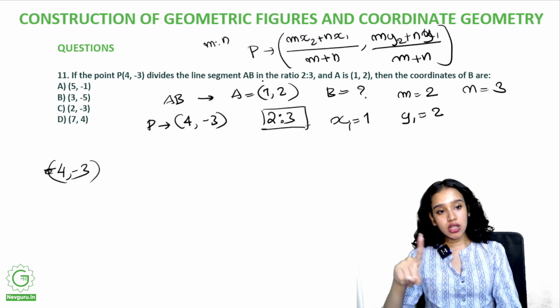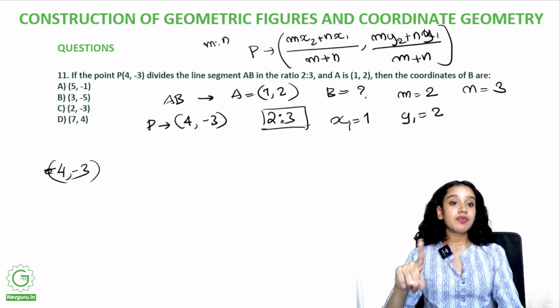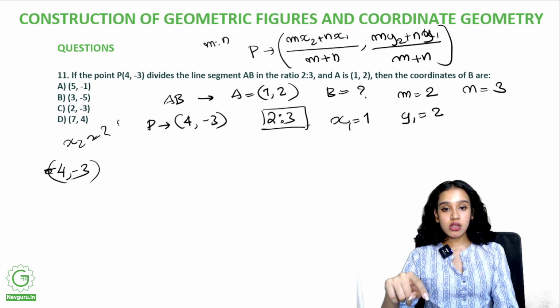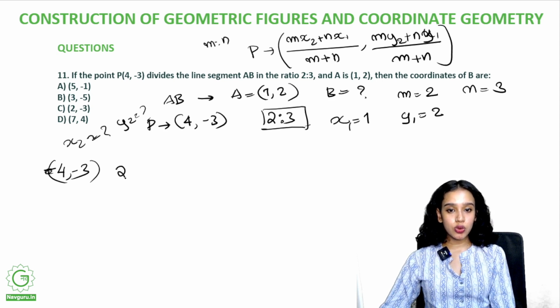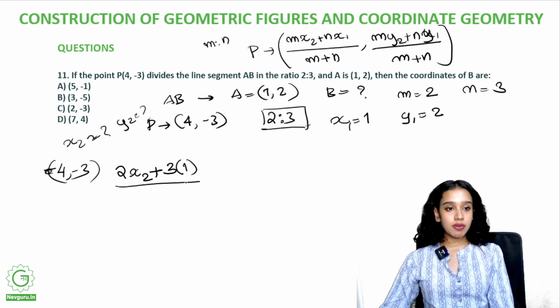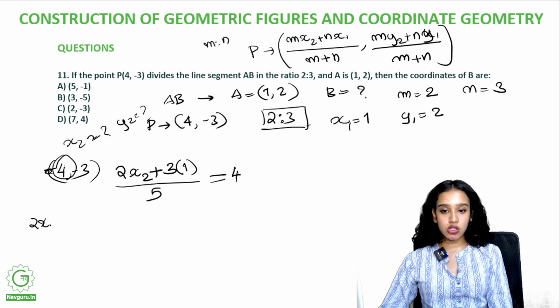Now, we have to find what? We have to find x2 and y2. So for this, we know that m into x2, which I don't know, so we'll put it as x2, plus n is 3, x1 is 1, 3 into 1, divided by m plus n, 2 plus 3 is 5, is equal to 4. 4 is given as the x coordinate of P. So we have 2x2 plus 3 is equal to 5 into 4, which is 20.